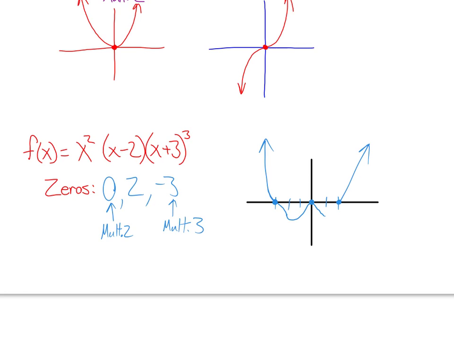And then finally, as we go to 2, it just has a multiplicity of 1, so we're going straight through that value. So there's a sketch of our graph.